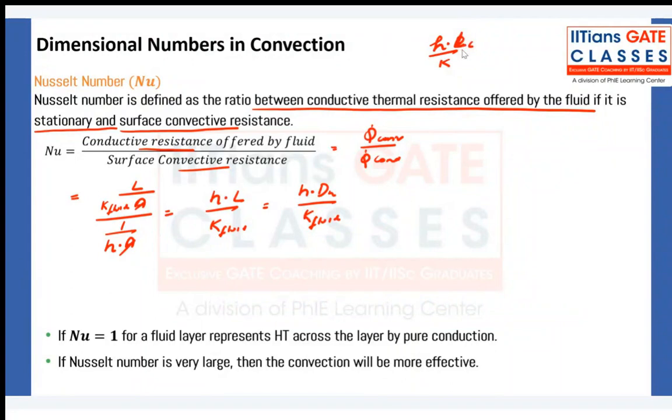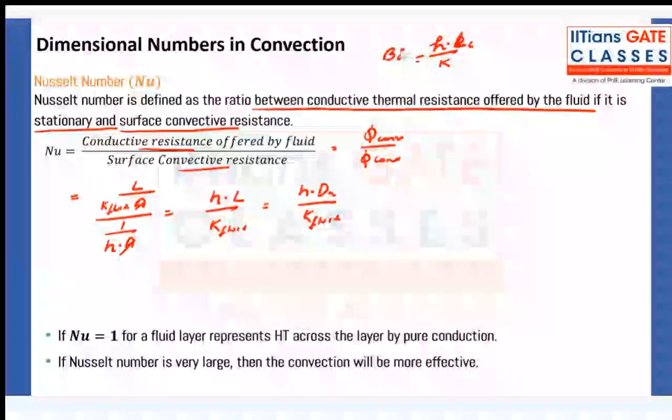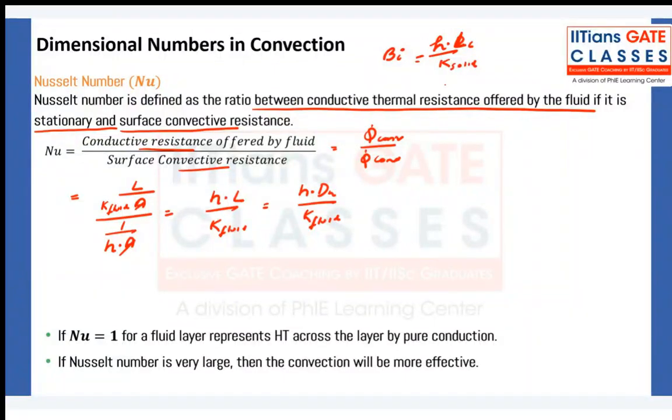It was the Biot number. I see that you do not remember. But the difference between Biot and Nusselt number is that Biot was for a solid, and here we are talking about a fluid.